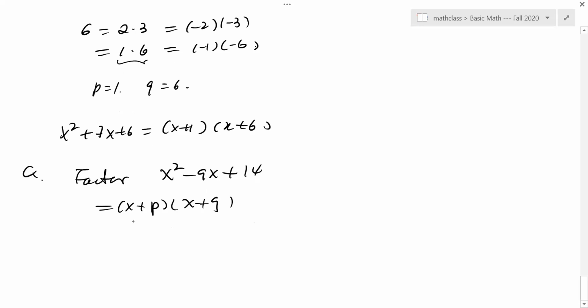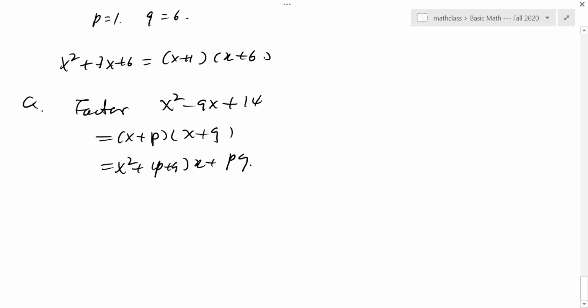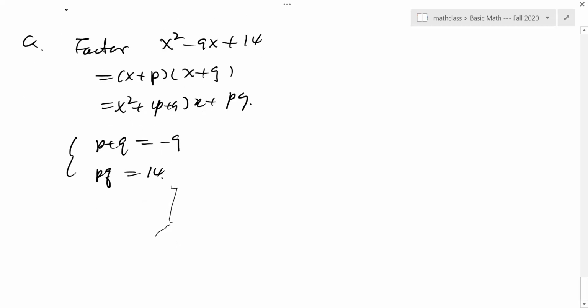Again, when you multiply this out, this will be x squared and here P plus Q x plus PQ, and compare: P plus Q equals negative 9, P times Q equals 14. What are the possible values for P and Q?